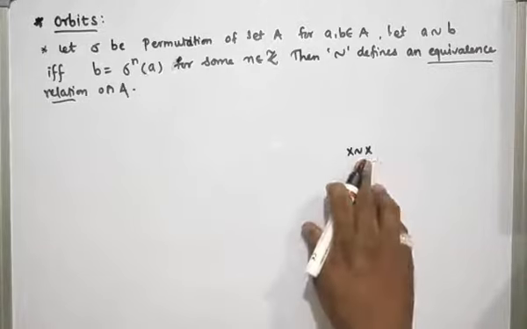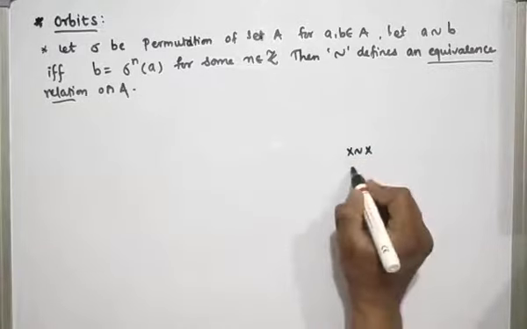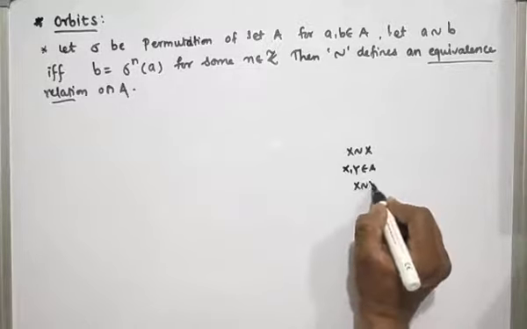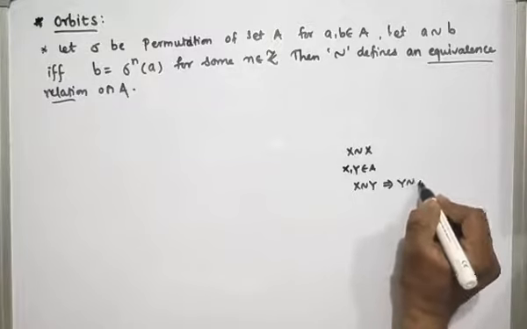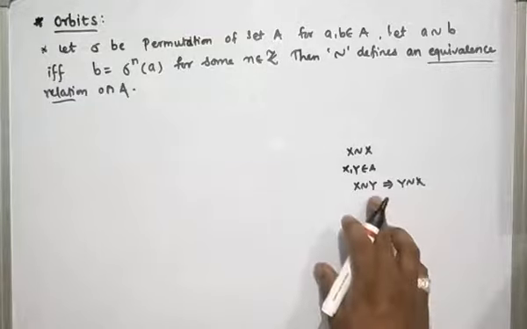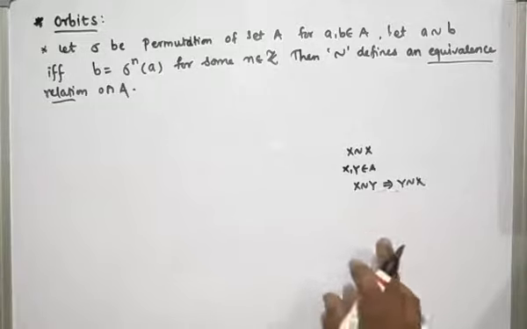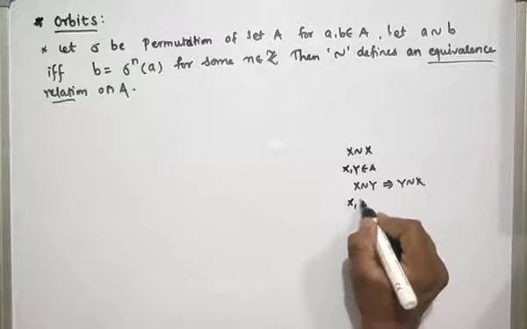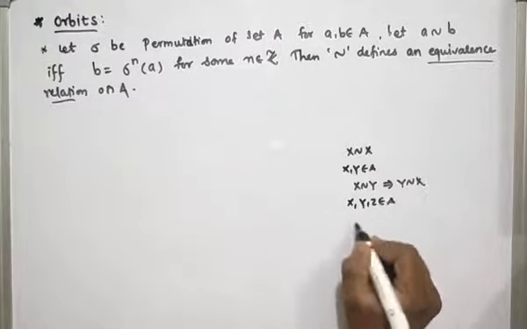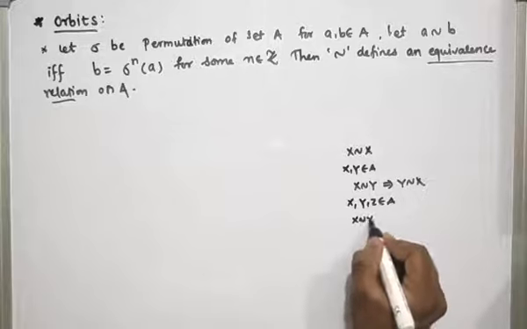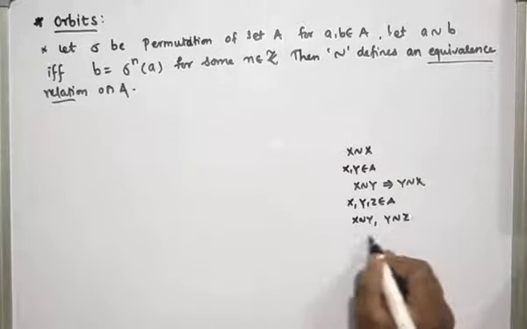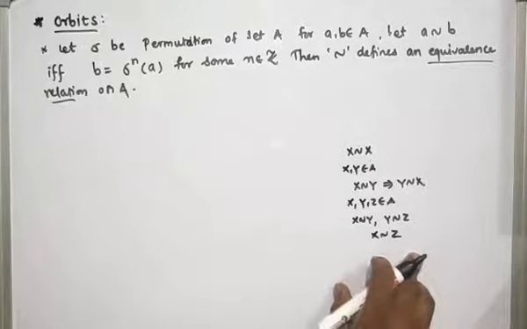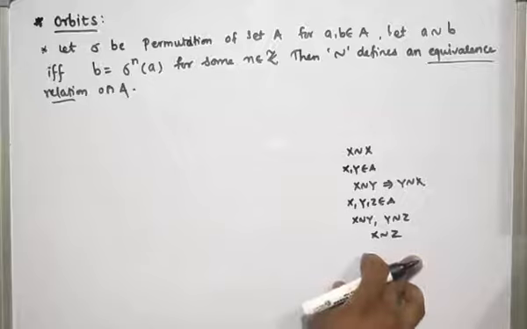If I have two elements x, y belonging to set A, and x is equivalent to y, then y must be equivalent to x, then we say tilde is symmetric. For a transitive relation, if we have three elements x, y, z belonging to set A, and x is equivalent to y and y is equivalent to z, then x must be equivalent to z. If all these three conditions are satisfied, then we say that tilde is an equivalence relation.